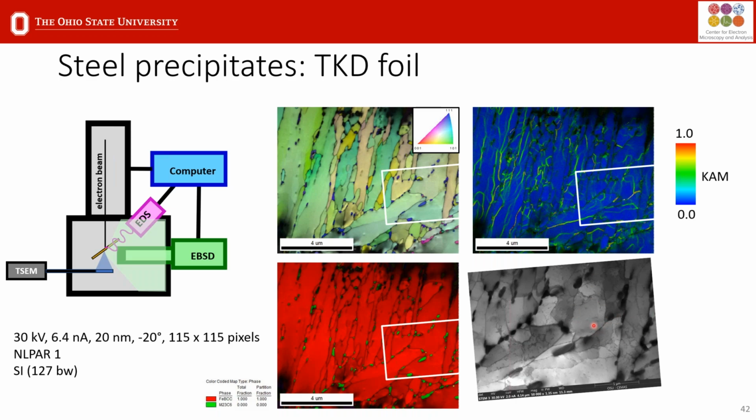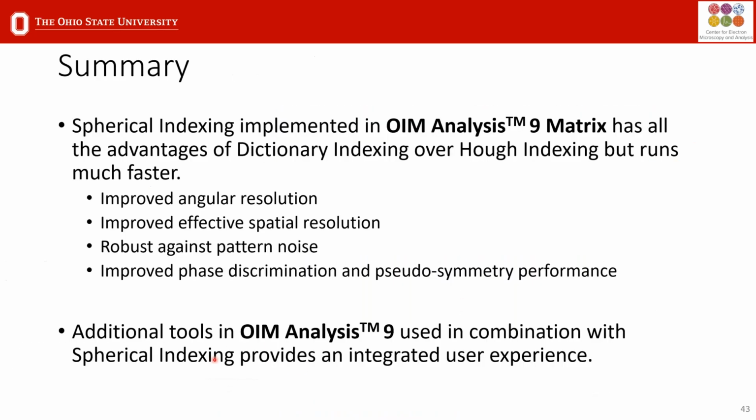So by combining this STEM image with the orientation information, we can characterize all the dislocations in this particular material. So using this sort of multimodal correlative analysis in the SEM, you can really characterize all the features down to a nanometer scale.